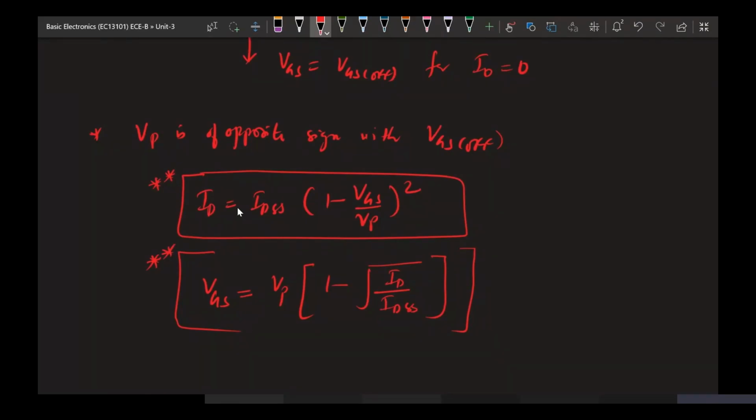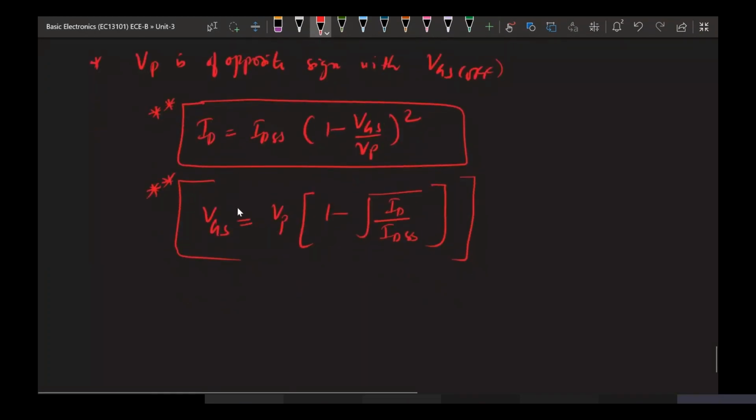So if we can remember ID equals IDSS times (1 minus VGS by VP) to the power 2, that will solve all the questions related to the JFET. Okay, so here sometimes this VP and the VGS is defined.